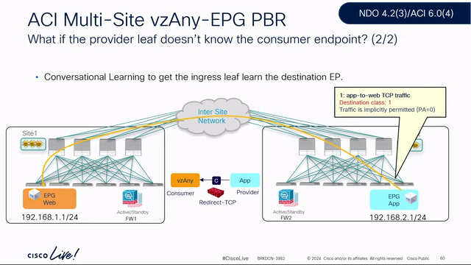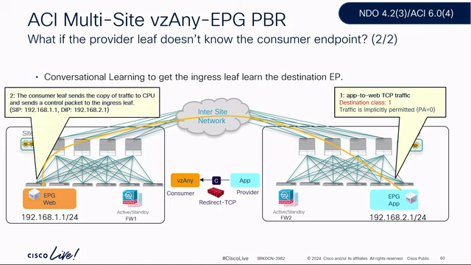In the previous slide, I mentioned that the destination site 1 egress leaf redirects traffic back. At the same time, the leaf in site 1 generates a special control packet, because the 2.1 to 1.1 traffic was not enforced, which means the source leaf didn't know 1.1.